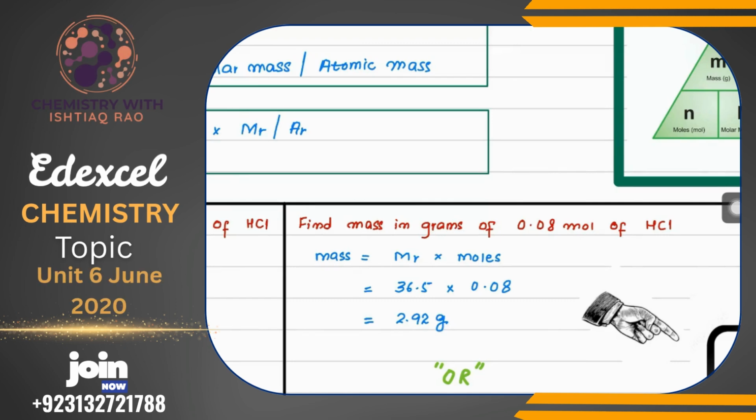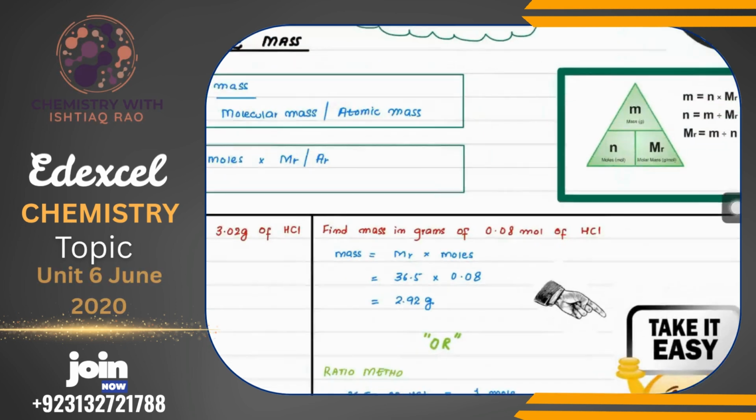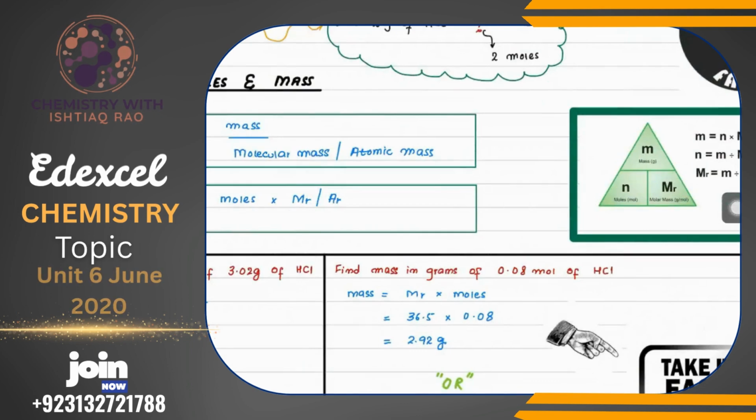Okay. Did you get the same answer? Yes, sir. You have to multiply moles into Mr. And Mr of HCl is 36.5, right? Yeah. Okay, good one.